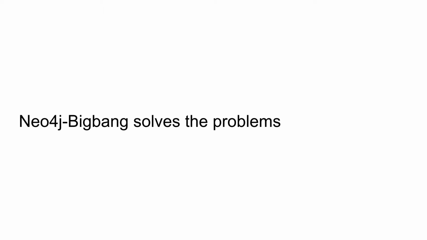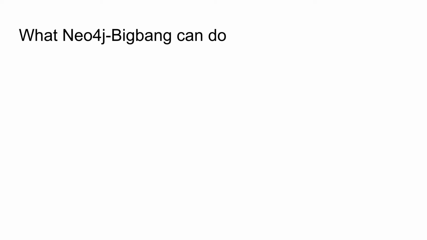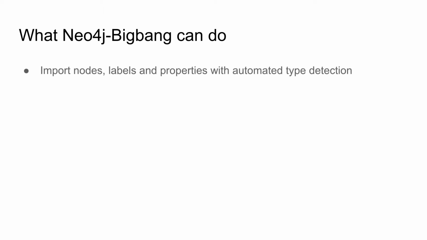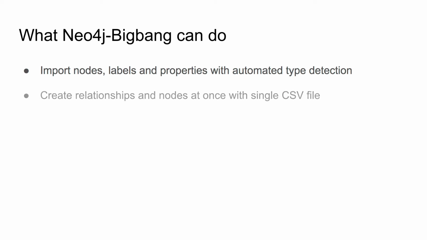Neo4j Bigbang solves the problems. Now, this provides a lot of advantages when you import your Neo4j data. Import nodes, labels, and properties with automated type detection. Create relationships and nodes at once with a single CSV file.